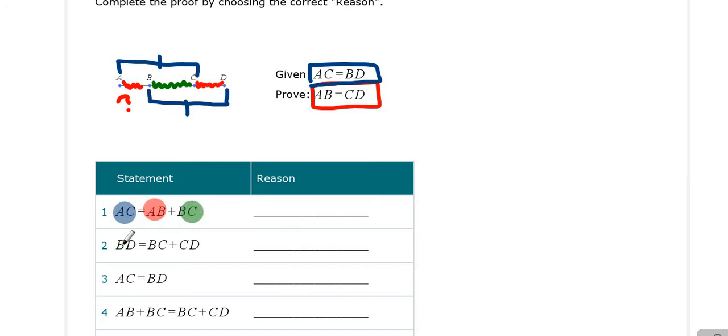And then we have BD equals BC plus CD. So red plus green equals blue. In both these cases, that's going to be segment addition.